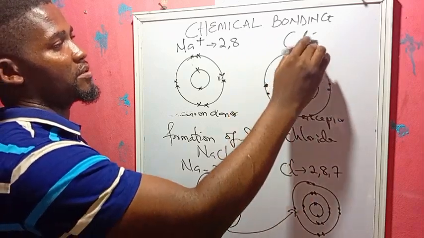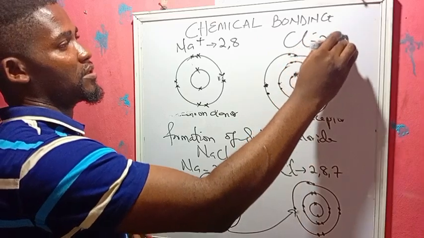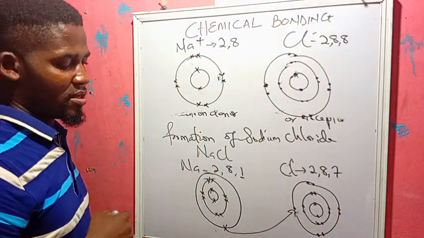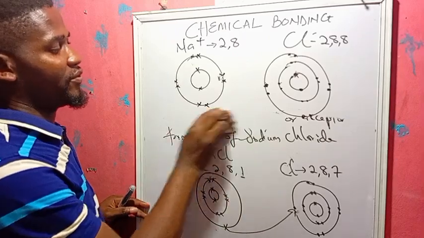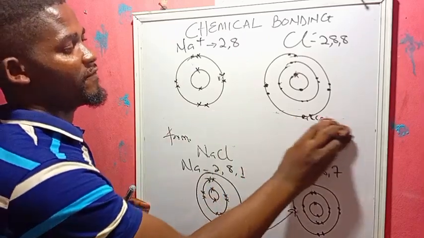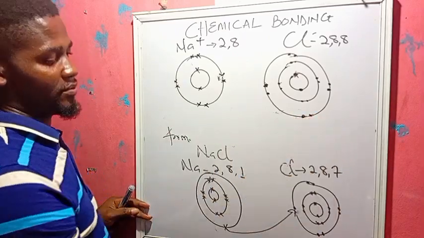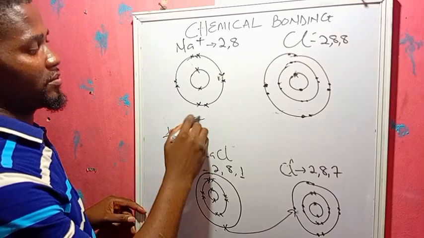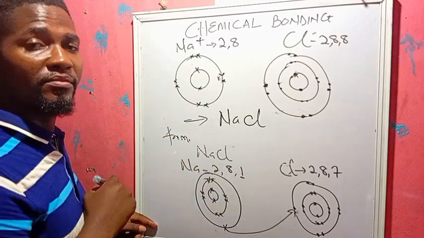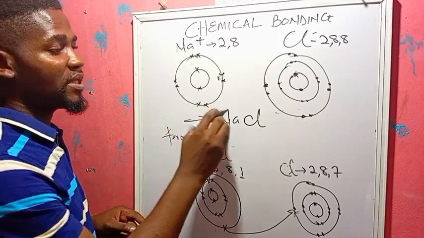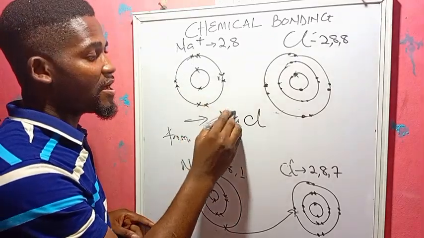Chlorine anion is 2,8,8 now. So at the end of the day, we have sodium chloride formed here, NaCl.